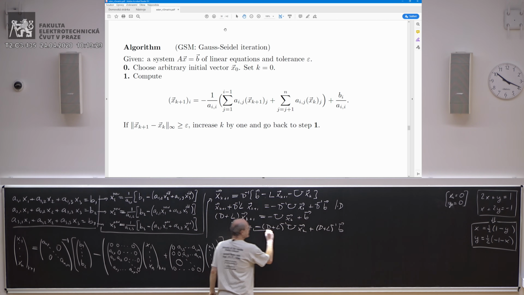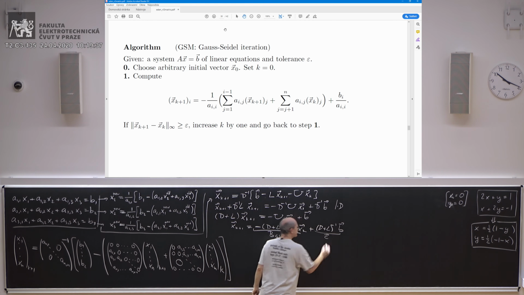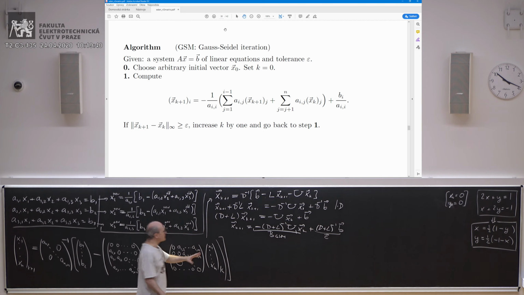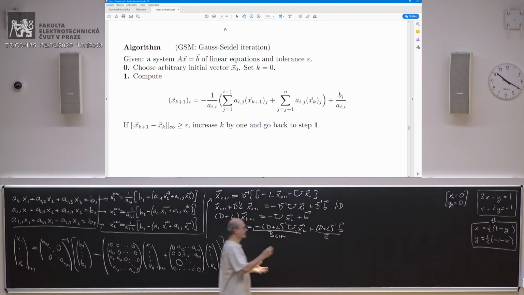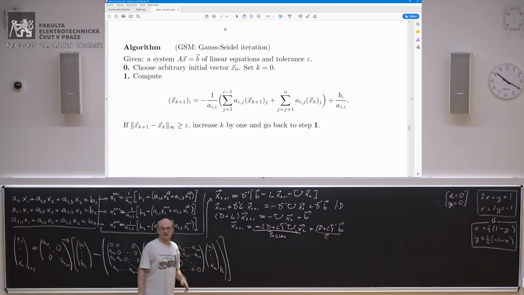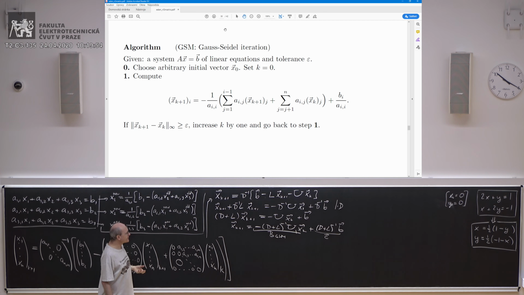Here we can see the matrix B, GS, Gauss-Seidel, and here is the vector c. Again, both are important, but it's the matrix which decides convergence. So we will focus more on that one. By the way, I am taking inverses very easily here in all those calculations, also for the Jacobi method. How do I know that they exist?